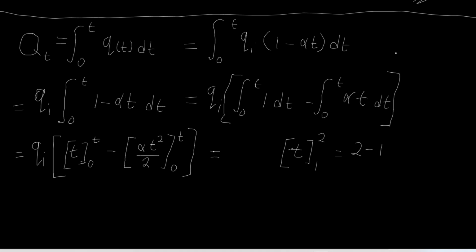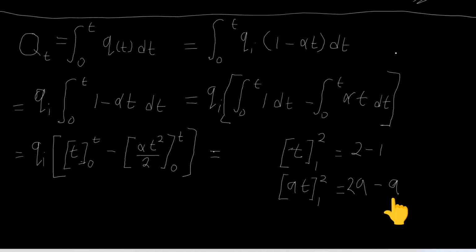So what is actually happening here is we are substituting t for 2 and subtracting t by 1. So if we have something like a t with boundary again, 2 and 1, this is going to give us 2a minus a. So wherever you see your t, replace it with 2. That's this value. Wherever you then minus, wherever you see your t, replace it with 1. That's this value.